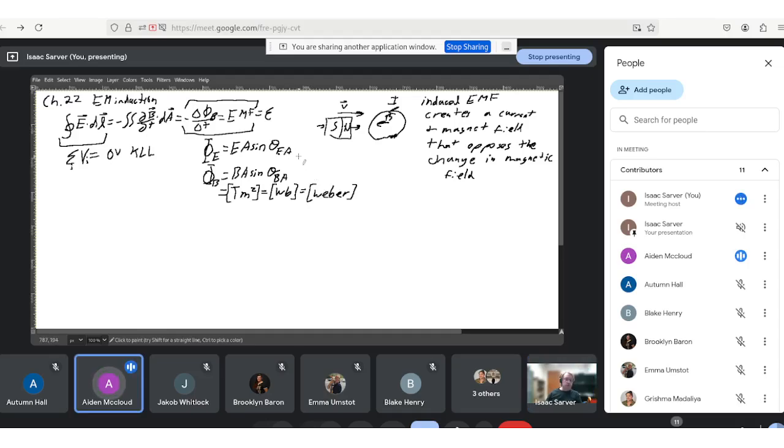So as a magnet gets closer, wait, so the magnetic field of the magnet that's approaching is pointing to the right? Correct. And the magnetic field of the circuit is pointing to the left to begin with.